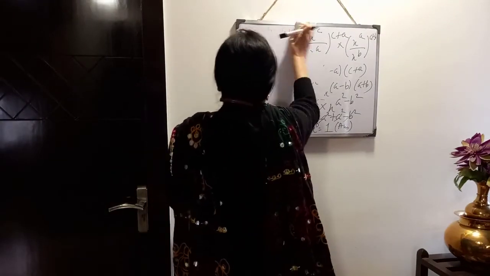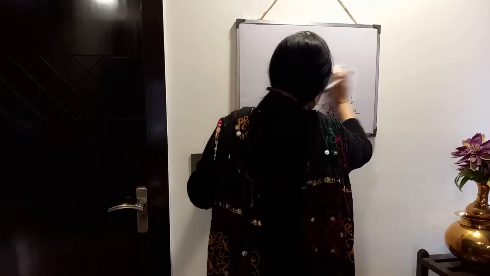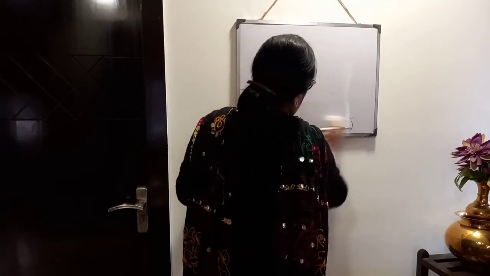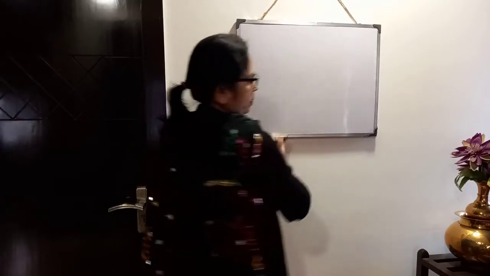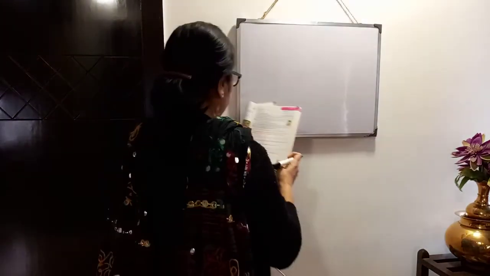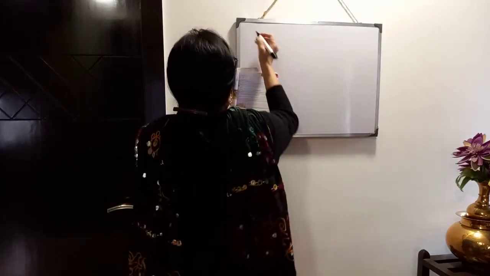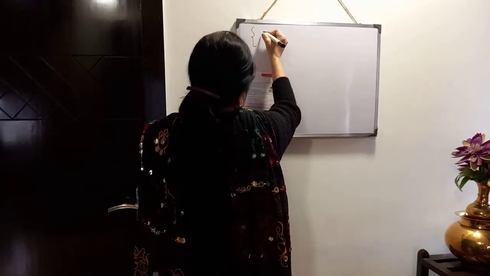Now I am doing another simple sum from example. Why I am doing this from example also? In exam time we give from example also. Okay, so you should practice from example.